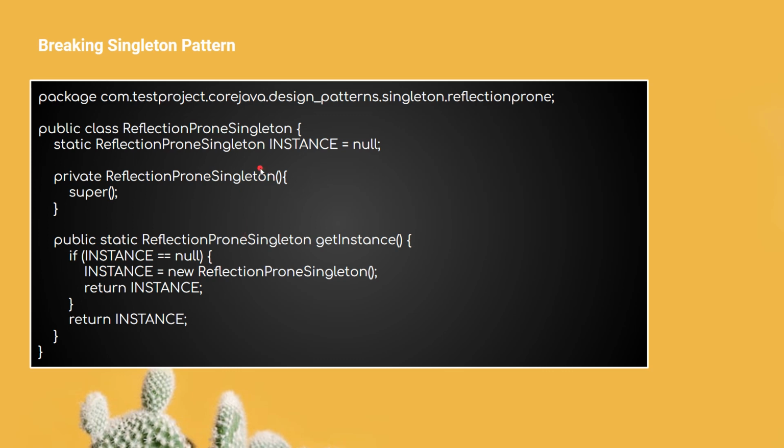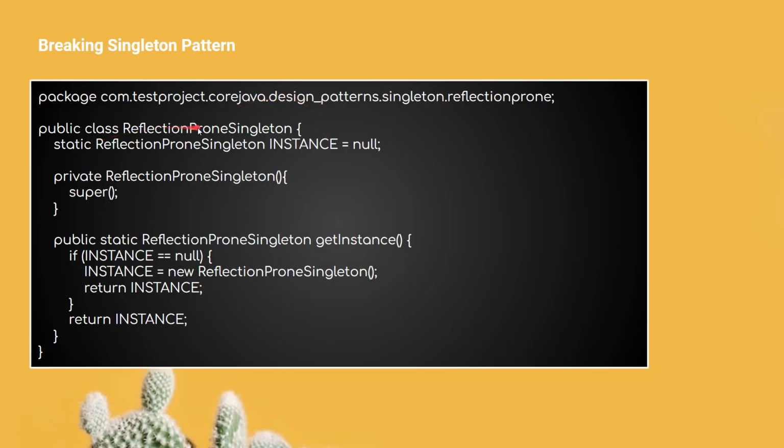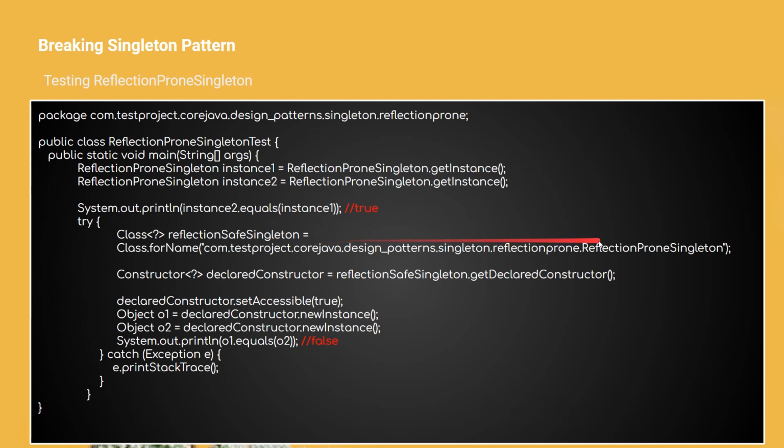Let's see how. Suppose this was the class ReflectionProneSingleton. We are creating an instance of ReflectionProneSingleton. By loading at runtime using Class.forName, we are getting the class type object, right? And from this class type object, we are getting its constructor using getDeclaredConstructor.